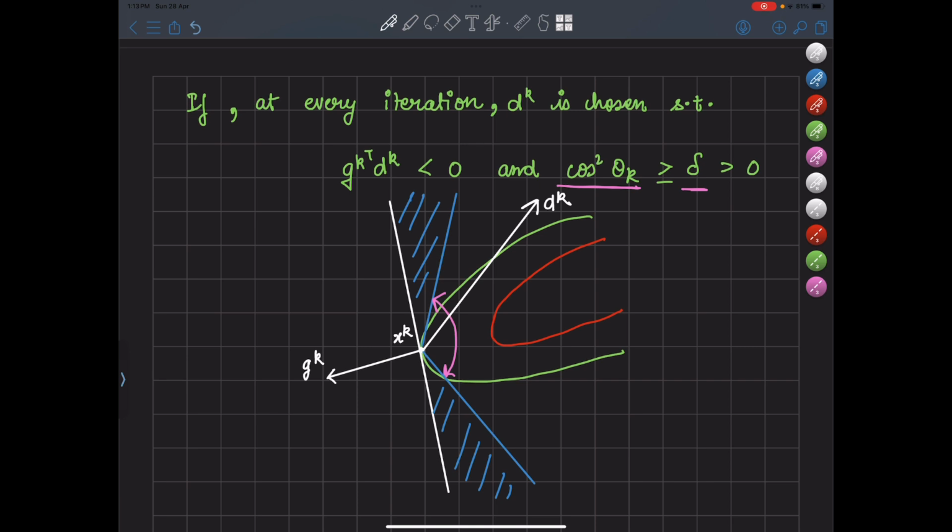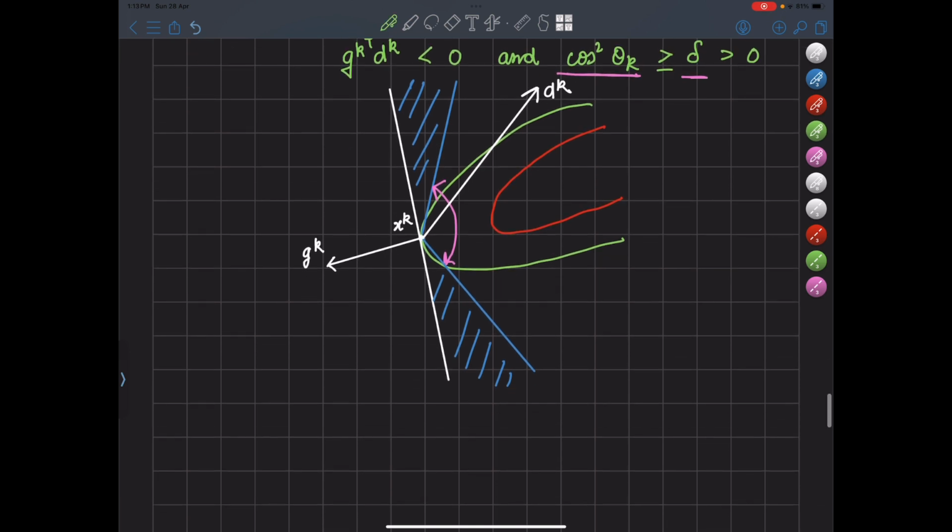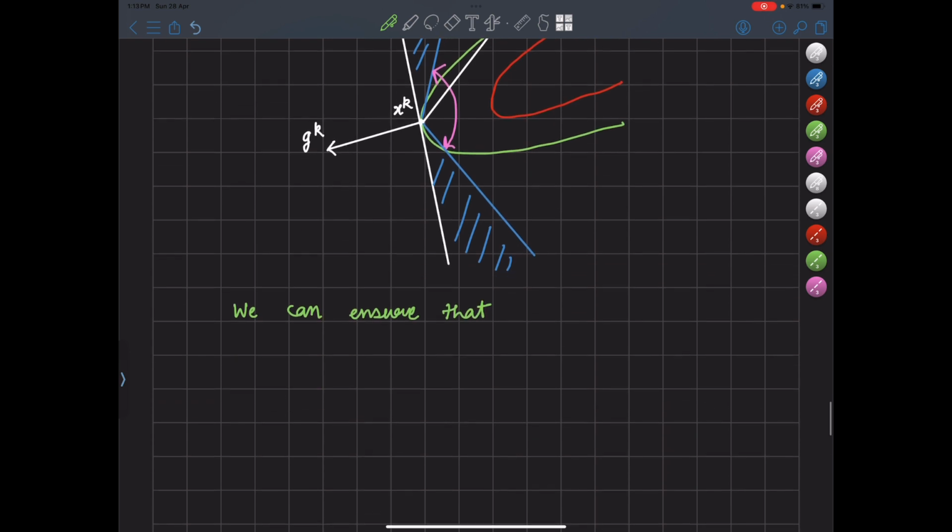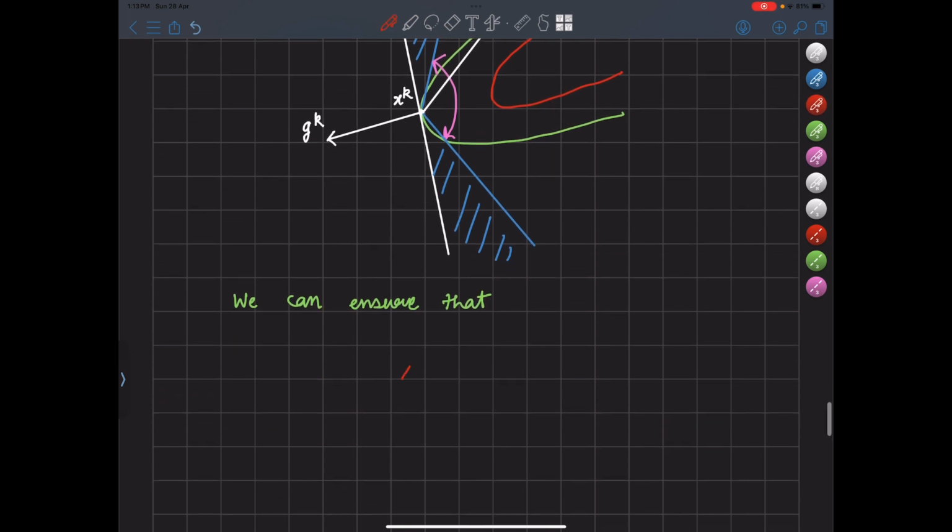then we can ensure that, because now cos²θk never goes to 0, right? It is always greater than some value delta. Then we can ensure that the limit of k tending to infinity of gk equals 0.